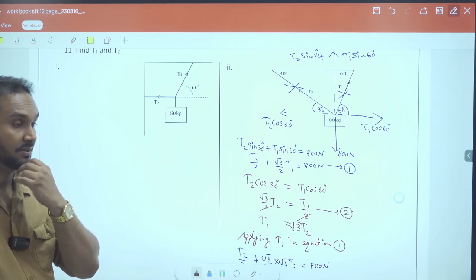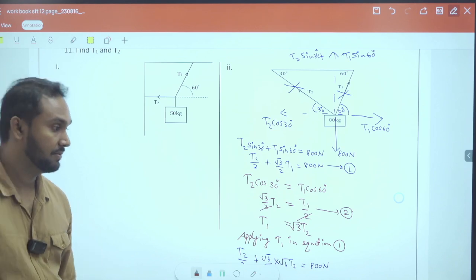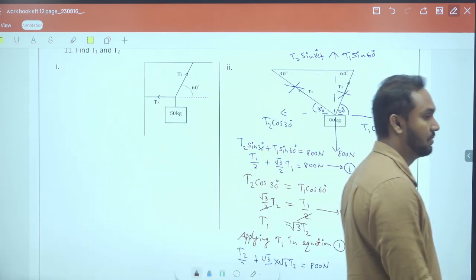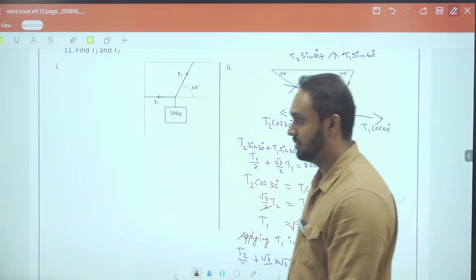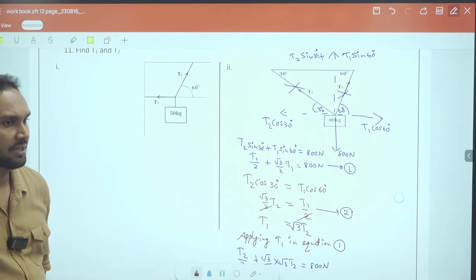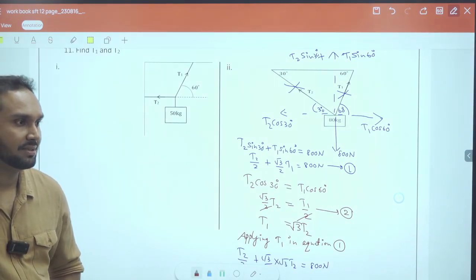If you listen to the Island First of this 2024 batch, what did he say? He said he did A-level physics calculations as well.